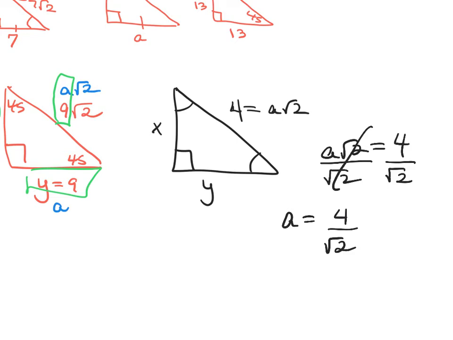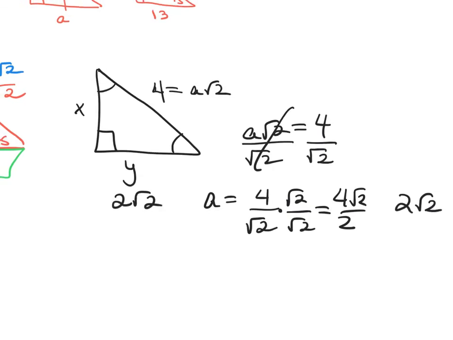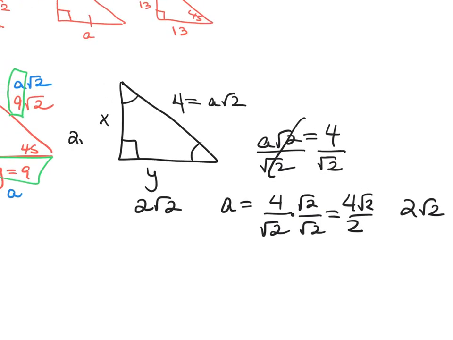Again, I can't leave a square root in the bottom. I have to rationalize. So 4 square root 2 over 2. And again, I can simplify, and it becomes 2 root 2. So this leg is 2 root 2, and so is this one. So the three sides are 2 root 2, 2 root 2, and then the hypotenuse is 4.